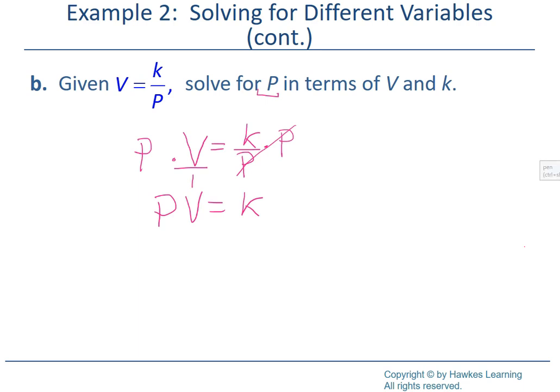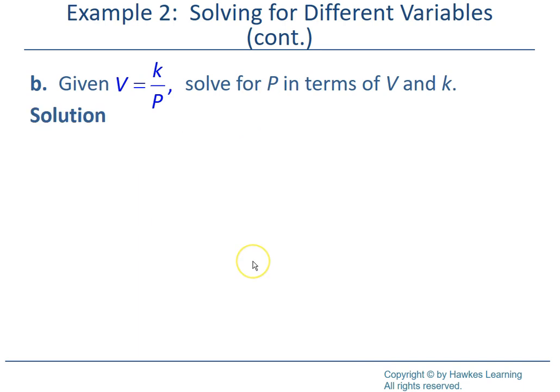So how do we isolate our P here? Well, again, this is P times V. So if we divide both sides by V, here the V's cancel out and we get P equals K over V. So let's check it out here.